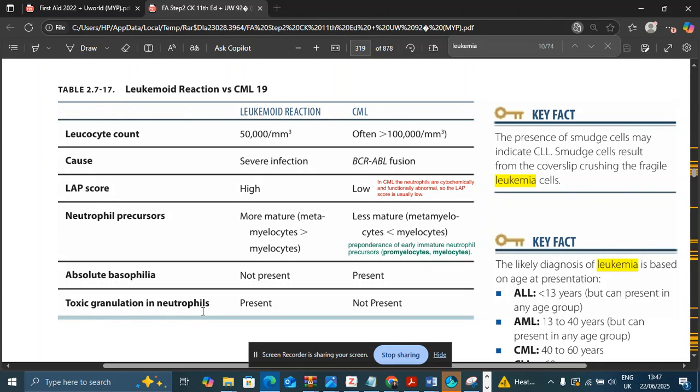Toxic granulation in neutrophils is seen in leukemoid reaction, but not in CML. Usually, we differentiate leukemoid reaction from CML by the LAP score. The LAP score is very important. If the LAP score is high, that is leukemoid reaction. If the LAP score is low, that is most likely CML.